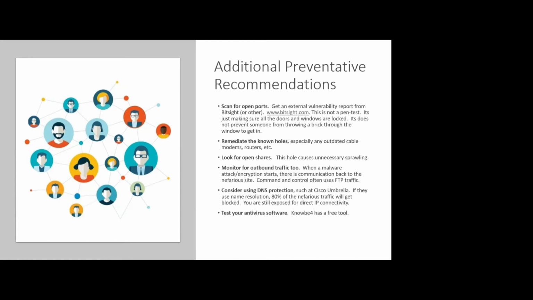Look for open shares. Back in the early days, open shares were everywhere. Now open shares are just dangerous, guys. You've got to stop that. Also, if you want to know if you're being attacked or if somebody's been in your system, the best place to look is your outbound traffic. These data exfiltrators and encryption tools have to talk to the mothership for direction because of how they're structured.